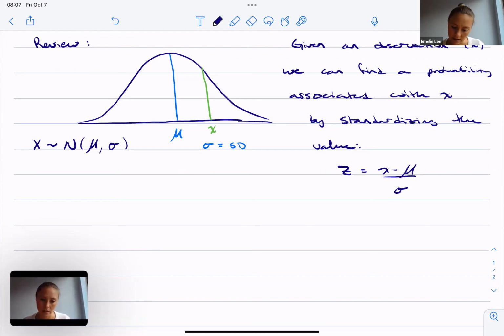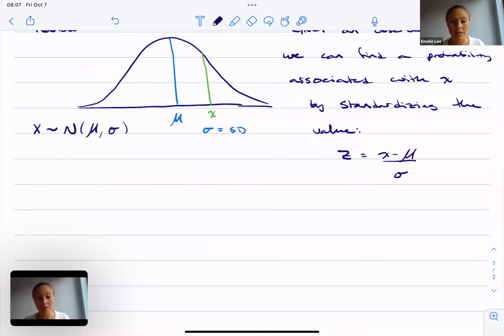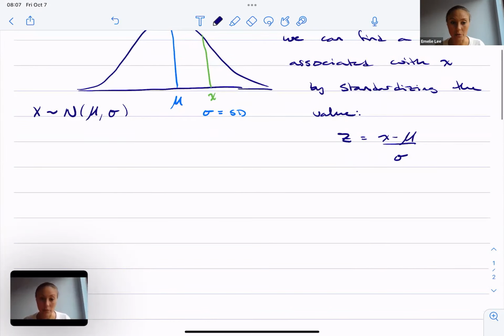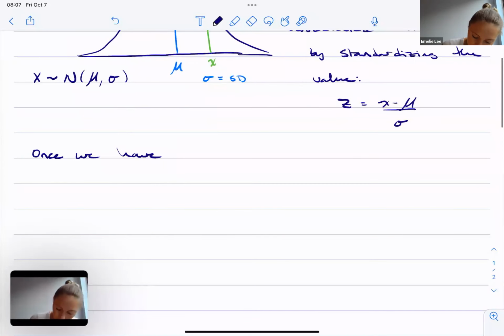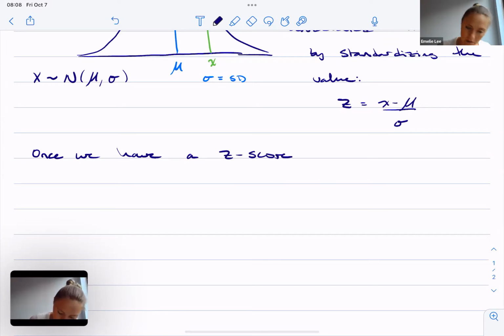Then once we have the standardized value, typically we would use software, and even software would just calculate the Z score for you, but it does it internally. But then what do we do? We go to the table. Once we have a standardized value or a Z score, we use the Z table.